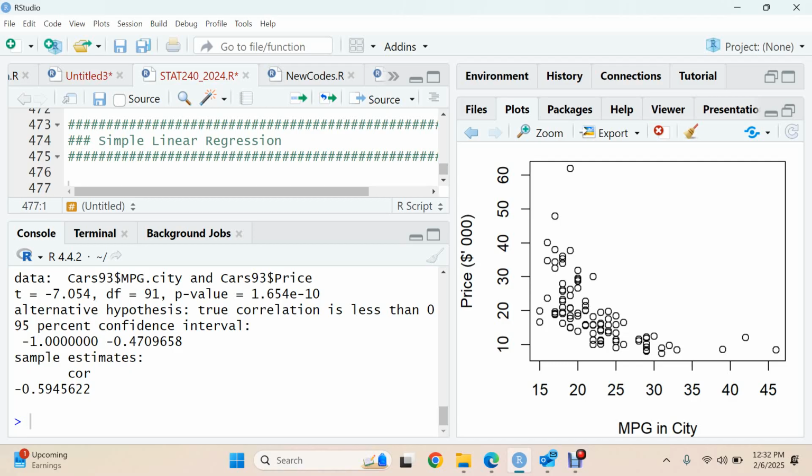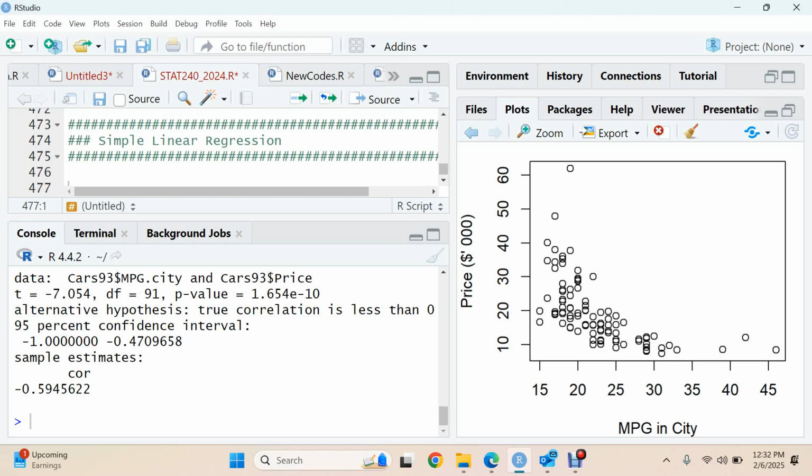So correlation does not have the ability to do prediction. It will tell us that we expect that as this increases, this should increase, or as this increases, this should decrease.